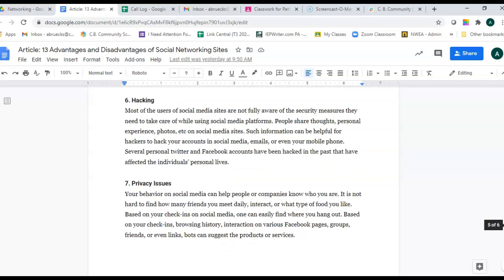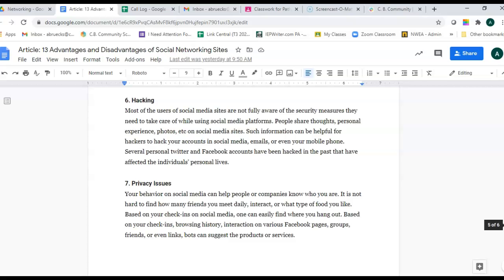All right, number 6, hacking. Most of the users of social media sites are not fully aware of the security measures they need to take care of while using social media platforms. People share thoughts, personal experience, photos, etc. on social media sites. Such information can be helpful for hackers to hack your accounts in social media, emails, or even your mobile phone.